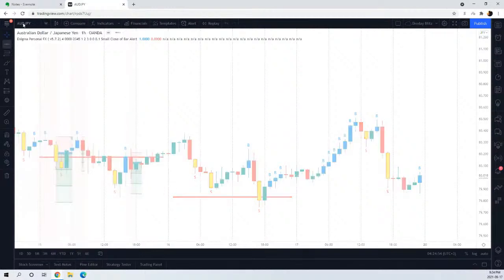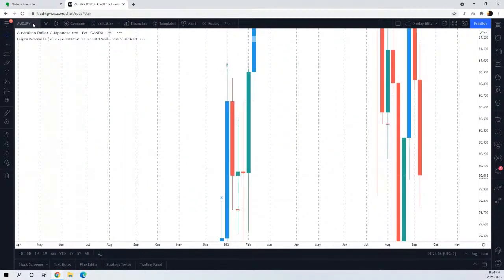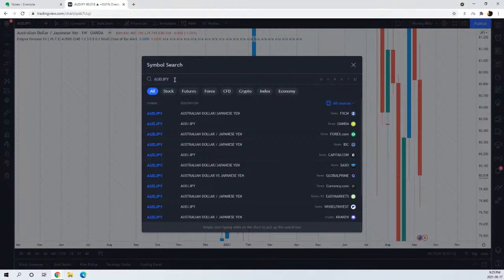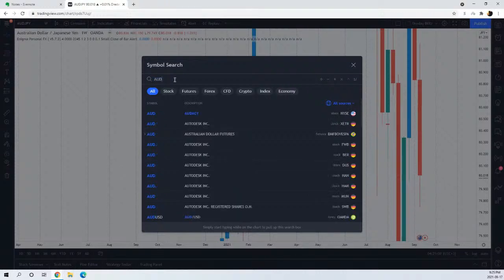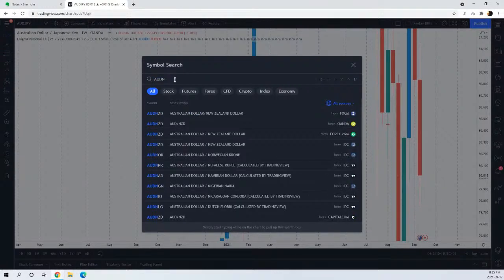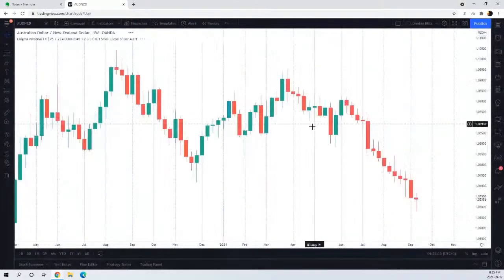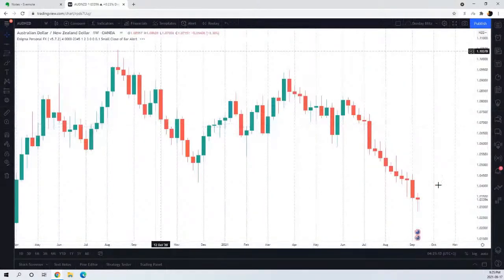Go on weekly. I said on Monday that the NZD was going to move a lot for the week. The NZD was an uptrend overall, so for sure. There you go.